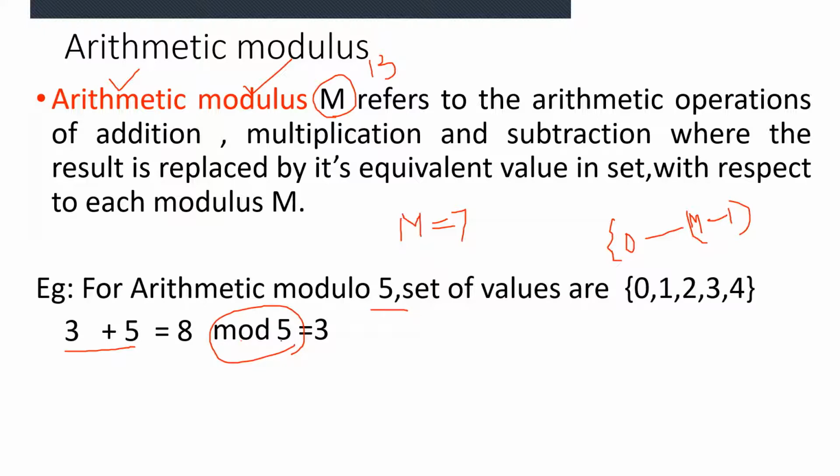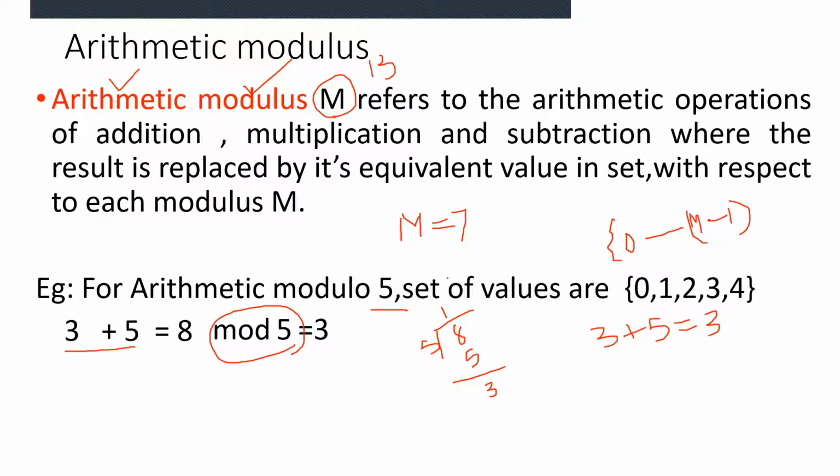So what is 8 mod 5? When 8 is divided by 5, how many times will it go? One time only, right? The remainder will be 3. So 3 is the answer. When you perform arithmetic modulo 5, 3 plus 5 is not 8, it is 3. Understood?